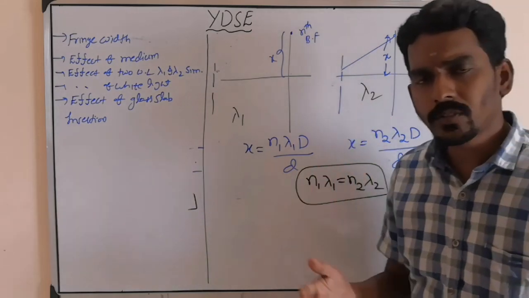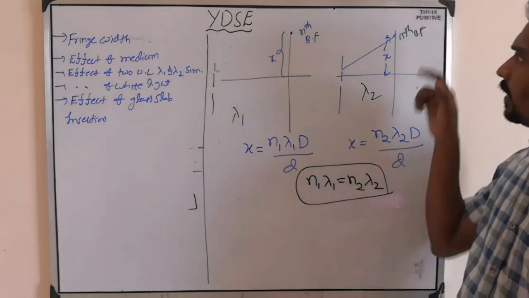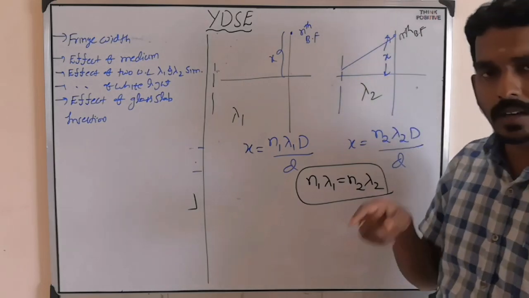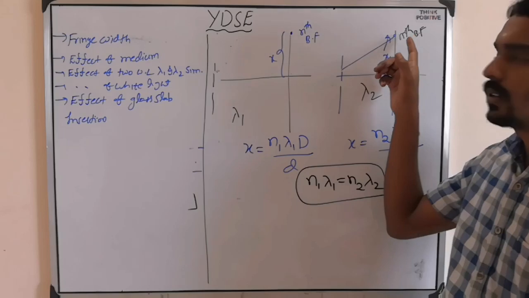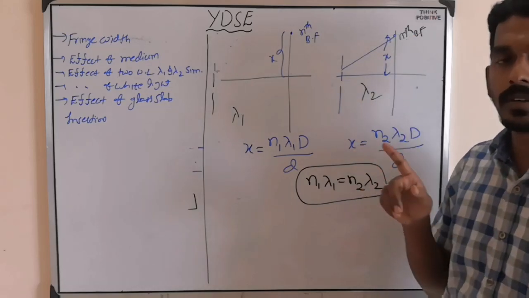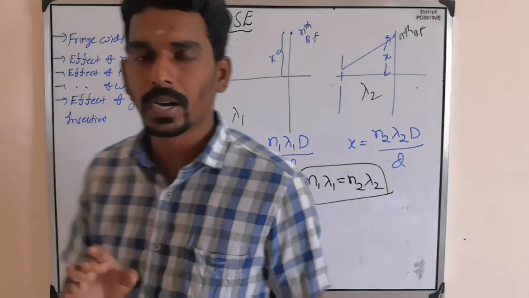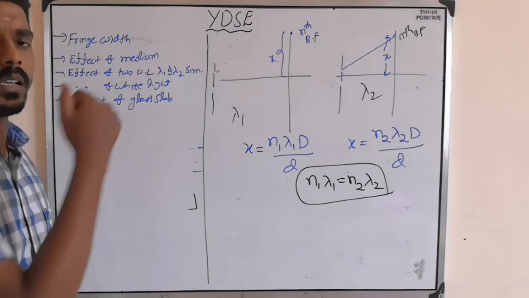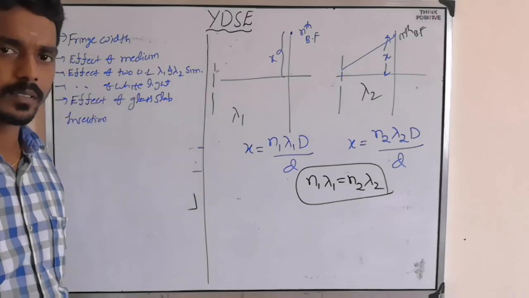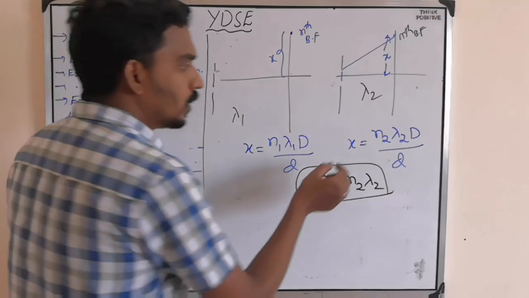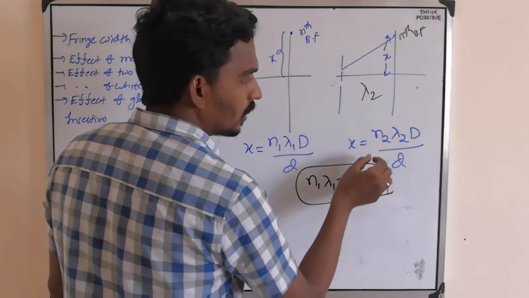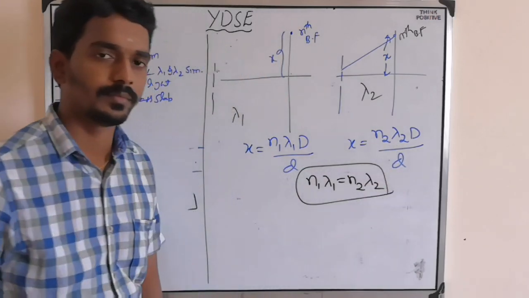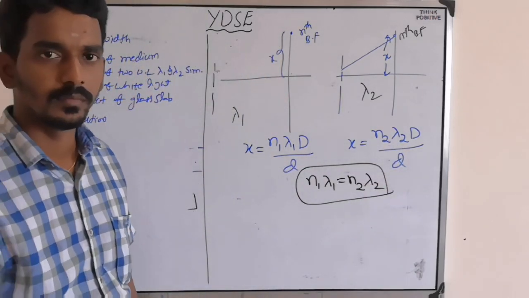Now when we replace it with lambda 2, then at the same distance 5 centimeter, which bright fringe will we get, or some other fringe? Then you know x, you know lambda, you know d, then you can find n2. Right?